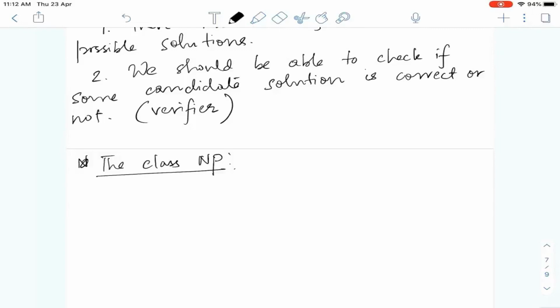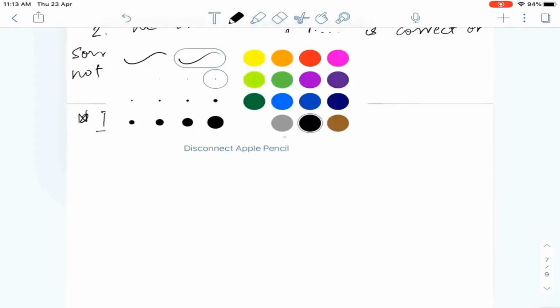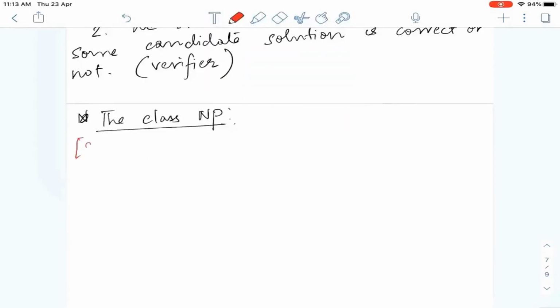There are other problems outside the class NP which can also be solved using brute force, but these are definitely solvable using brute force. But we want more out of these problems. So the semi-formal definition is the following.